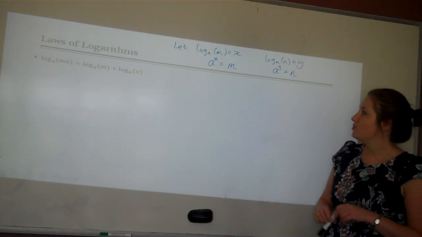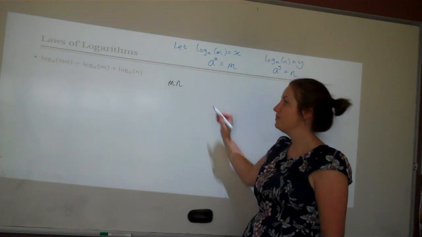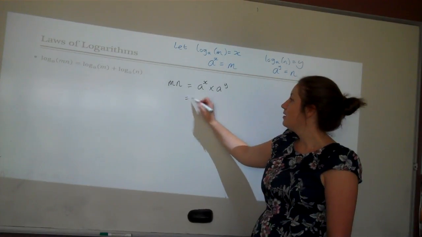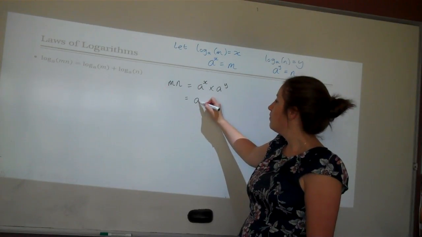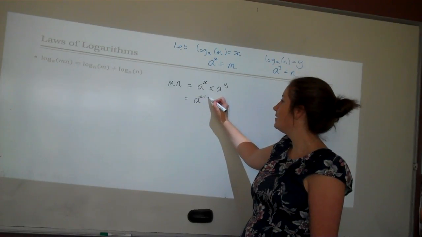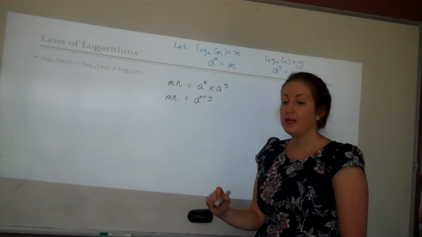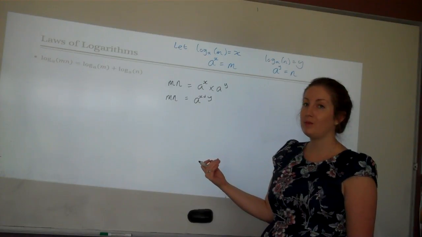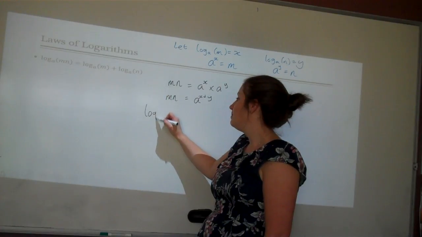The first thing we're going to do is consider what happens if we have m multiplied by n. When I'm multiplying these two things together, we multiply a to the power of x times a to the power of y. Remember that when we are multiplying indices where we've got the same base, we add the powers. So we get mn equals a to the power of x plus y. We can now rewrite this as a log equation using our formula from before.